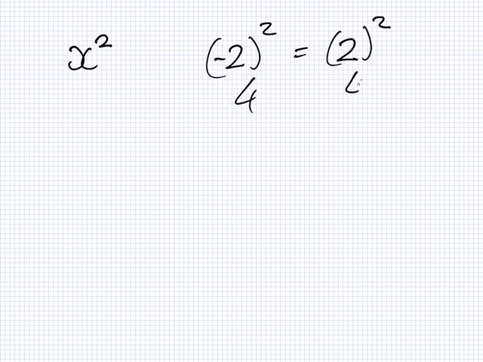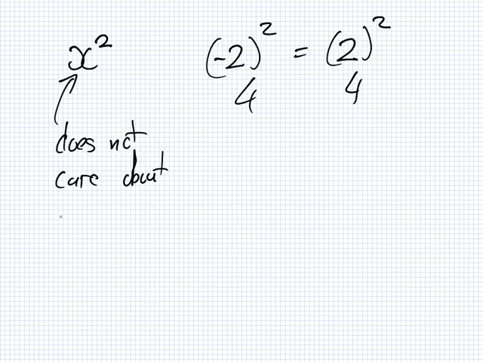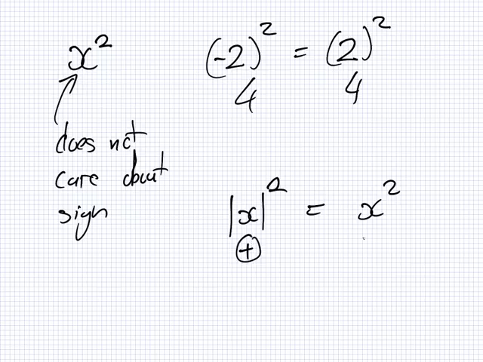They both make 4. So this does not care about the sign. Now, that's good because that means the modulus of x squared and not the modulus of x squared is the same thing. This will make it positive. This could be positive or negative, but we don't care because the number will be the same.